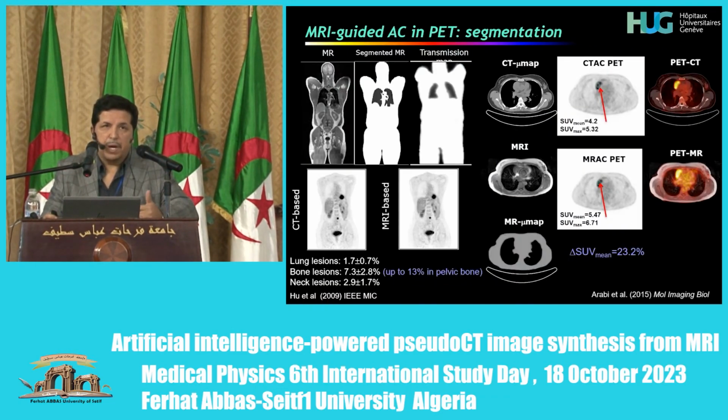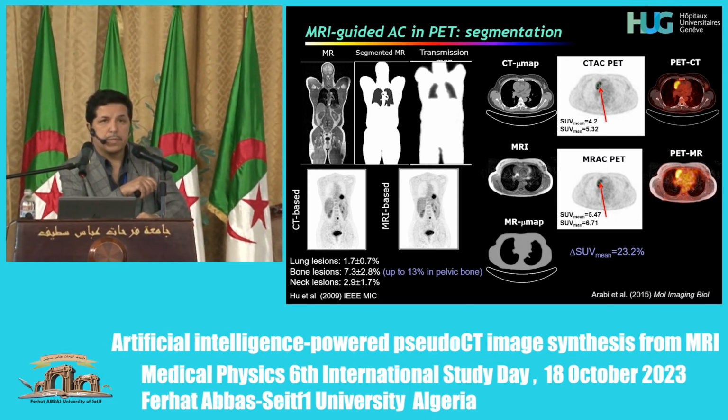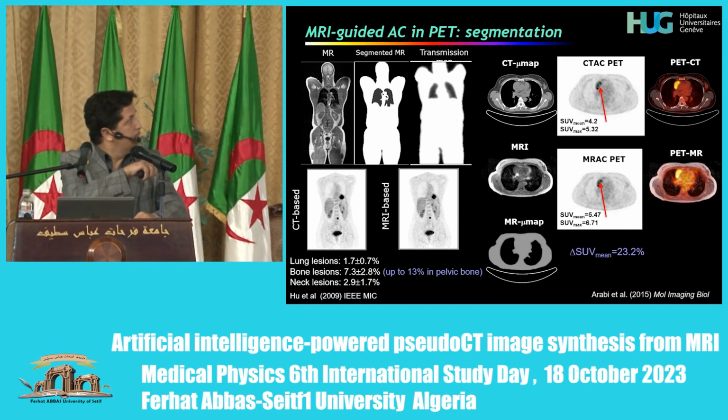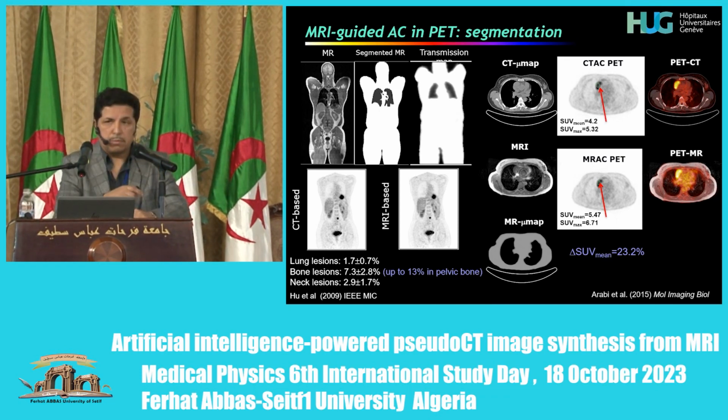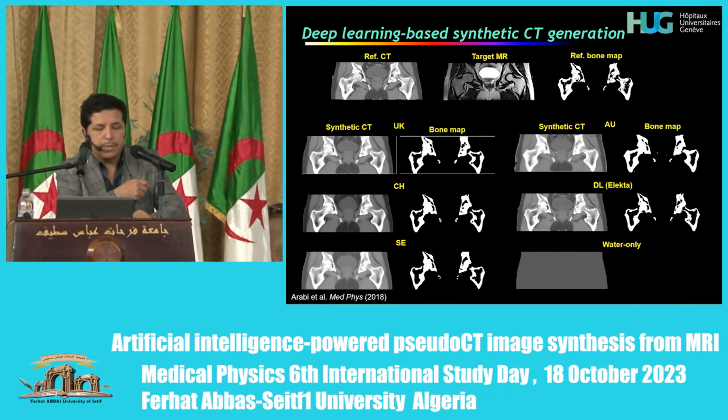Now, if you look at the bias maps, so the error that can be committed in a clinical setting when using CT-based attenuation correction versus MRI-based attenuation correction with commercial solutions, the bias can be very large, between 20 and 30%, as you can see in this case. Now, in the radiation oncology field, we're talking about different energy ranges, and the differences can be very small in this context.